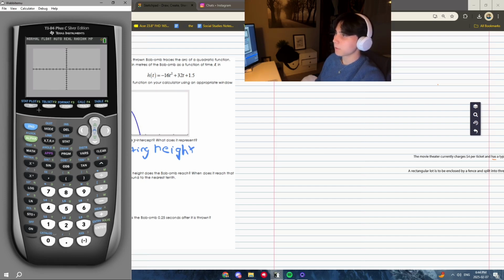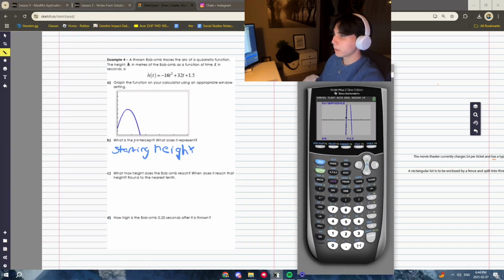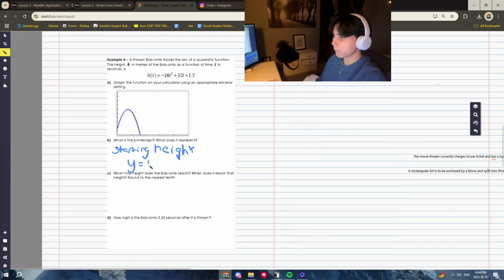I'm just going to reset my zoom, and we're just going to go second trace value. This is where you can put any value for x. Since we know that when we're trying to find a y-intercept we have to set x equal to 0, which we're going to do, we're just going to put in 0. And we're going to get y equals 1.5. So our y-intercept is 0, 1.5.